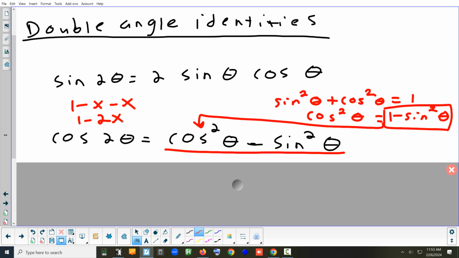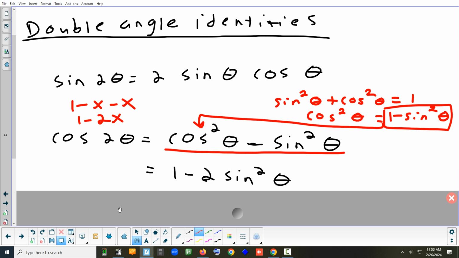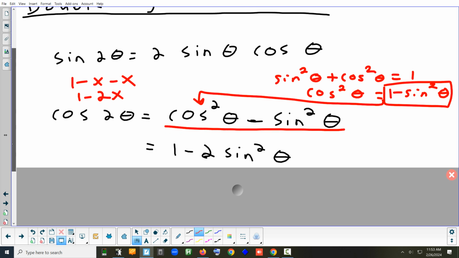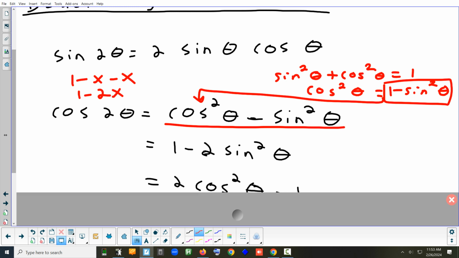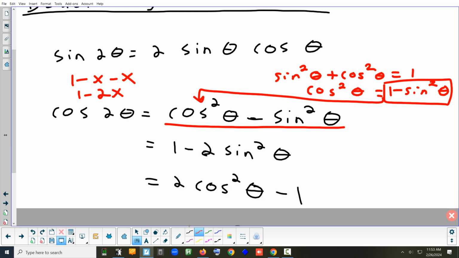So this would turn into 1 minus 2 sine squared. It's just a different way of writing the same thing. And if you instead got sine squared by itself, you could even write it a third way. I generally don't have all these memorized. I remember the first one, and then if I have to figure out the second or the third one, I can. But it's not something I memorize.